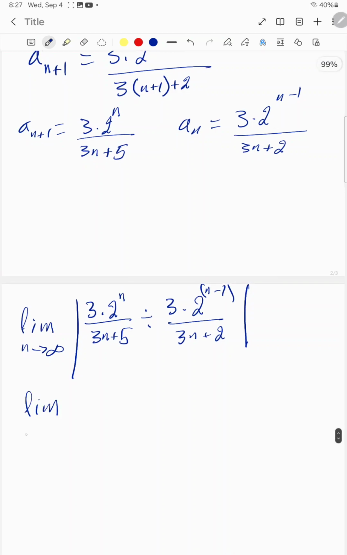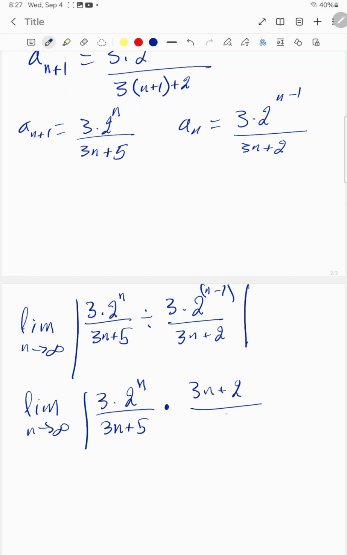So it is the limit when n goes to infinity of 3 times 2 to the power n over 3n plus 5, multiplied by 3n plus 2 over 3 times 2 to the power n times 2 to the power minus 1. Because of the law of exponents, this is 2 to the power n minus 1. And here I can simplify 3n and 3n, I can simplify 3 from here and 3 from here.